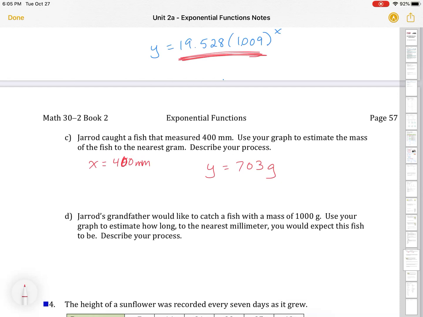So Jared's father would like to catch a fish with a mass of 1,000 grams. So he wants Y to equal 1,000. So we're going to have to extend our windows again. Y has to go up to 1,000. So I'm going to guess that my X is, I'm going to put it at 500. And we're going to graph that. And then we're going to make Y equals 1,000. Okay, Y equals 1,000. So it's all about changing those windows.